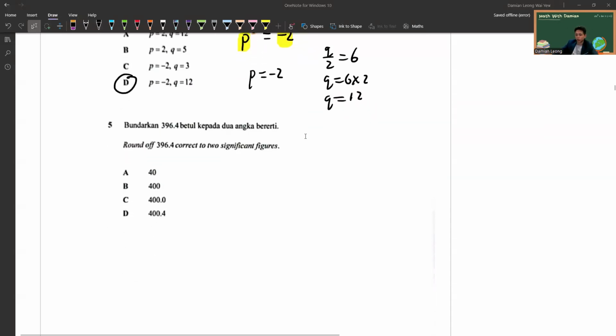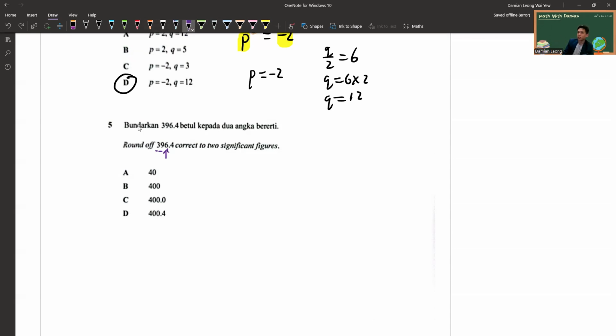Then question 5. Round off 396.4 correct to 2 significant figures. For significant figures, you look from left to right. 1, 2. Then we look at the next number. If it's 5 and above, round up. If it's less than 5, round down. So this is 5 and above, so we round up. 9 becomes a 10, carry over, 4, 0.